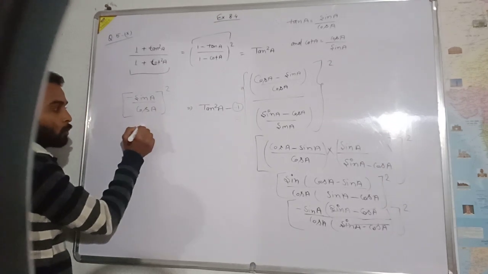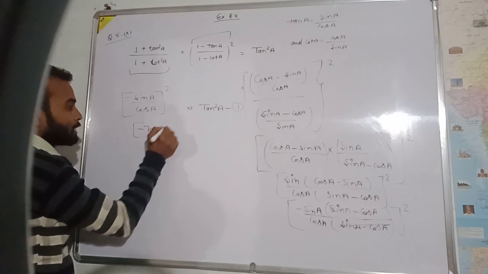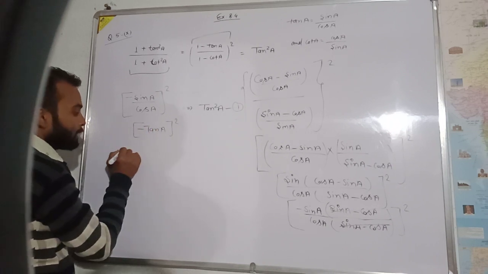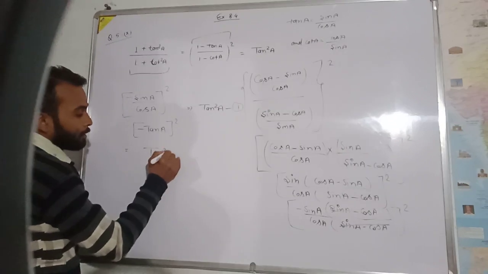This is equal to minus tan A. It is a whole square, so it will be written in the form of tan square A.